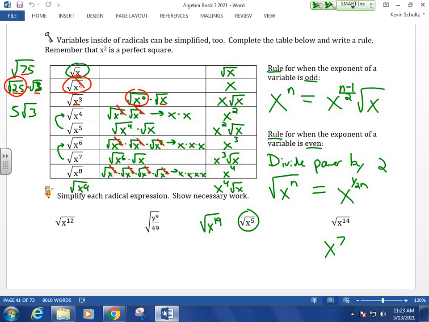That gives us the root of x to the 18th times root of x. And since that power is even now, what do we do to get rid of the root? Divide by 2. So that's going to give us x to the ninth. The root's now gone. And then we have that extra root x that's taken along. So x to the ninth root x.